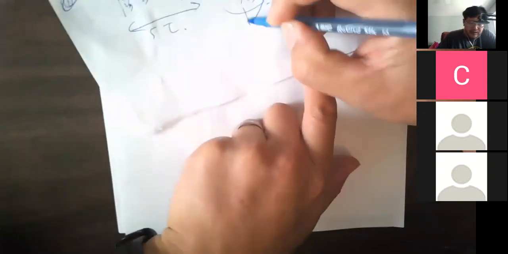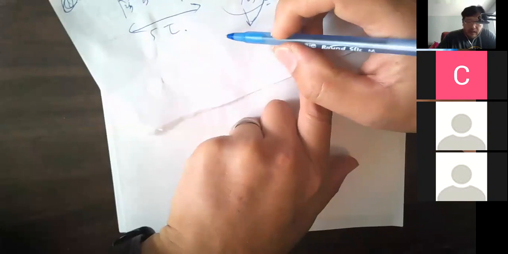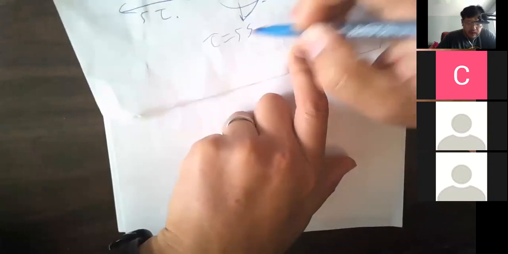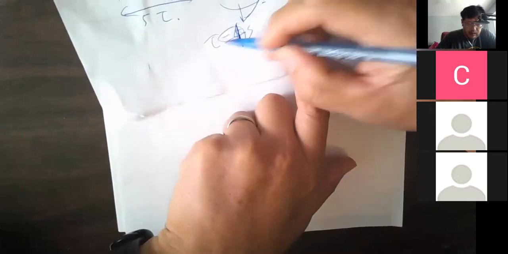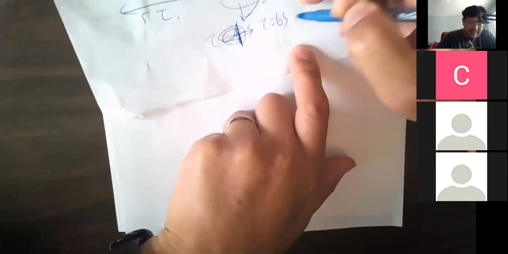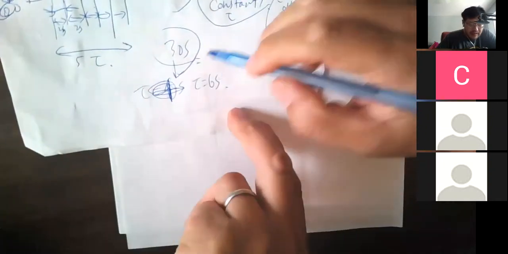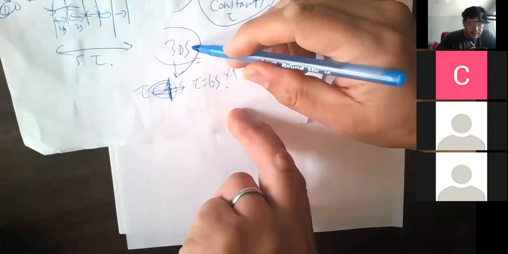Then that implies the time constant of the sensor the doctor used is 6 seconds. That multiplied by 5 is 30 seconds.